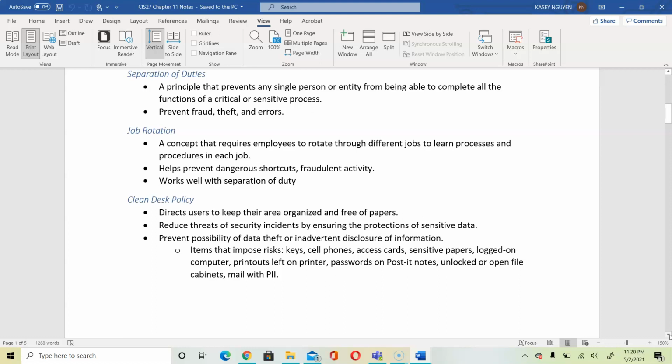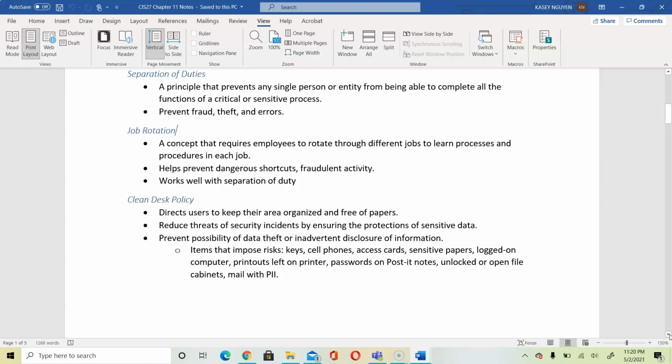So what we want is to reduce the threat of security incidents by making sure that sensitive data is protected, and also prevent data theft or inadvertent disclosure of information.